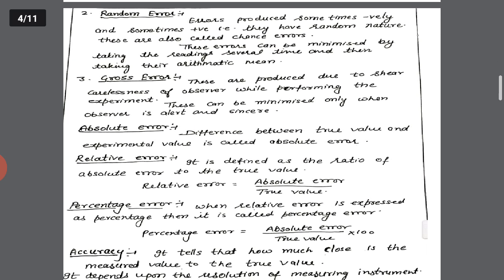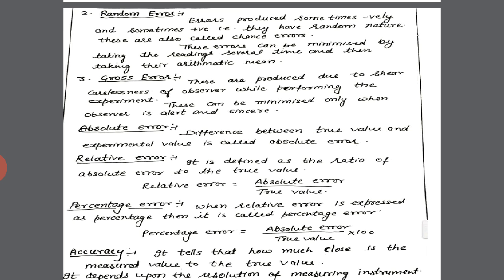Second type of error is random error. Errors are produced sometimes negatively and sometimes positively. They have a random nature. They are not fixed, and they are also known as by-chance errors. These errors can be minimized by taking the reading several times and then taking their arithmetic mean.